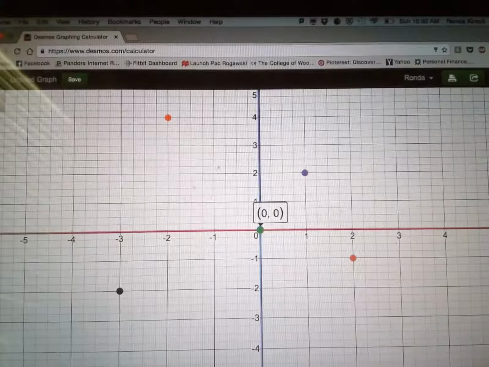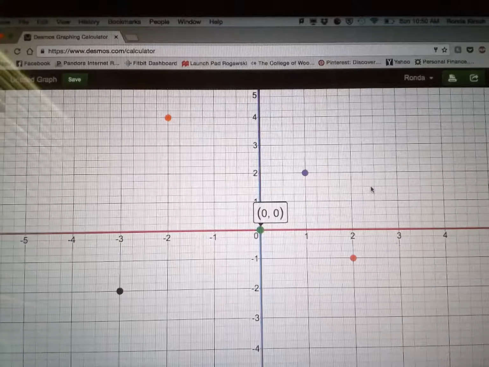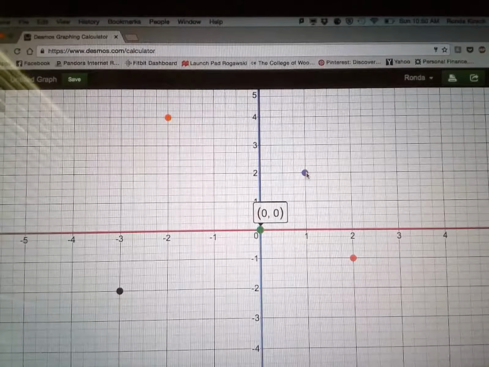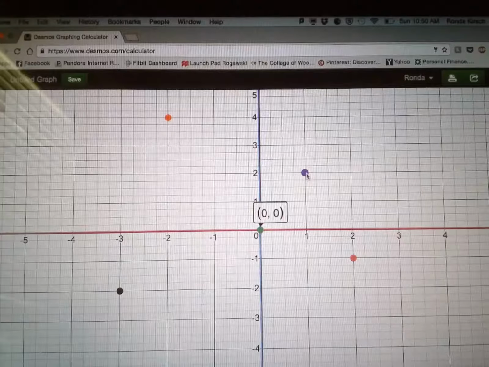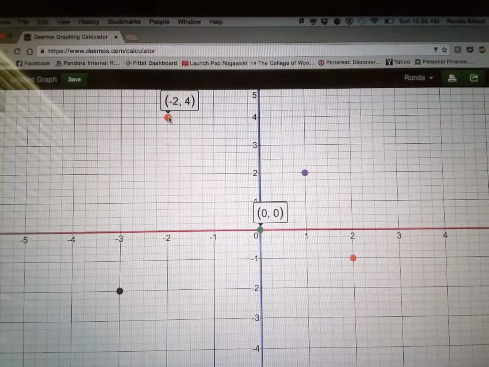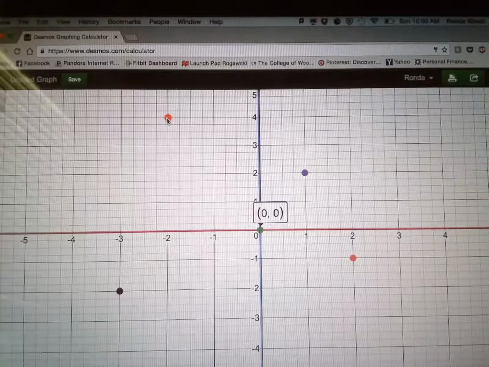So the coordinate system is broken into 4 quadrants, okay? We always work in a counterclockwise way. This place over here with a purple dot in it is the first quadrant. This one over here with the orange dot in it is the second quadrant. We use Roman numerals as well to represent these.